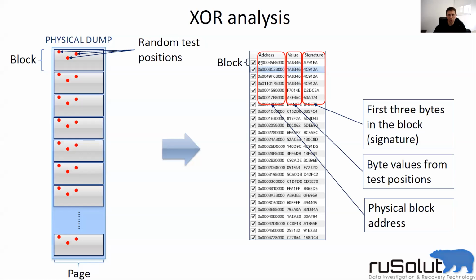Second thing, let's think about what data will be in the same blocks within a regular, normal dump. Let's say that we have some dump with several blocks with the same content, exactly the same data.